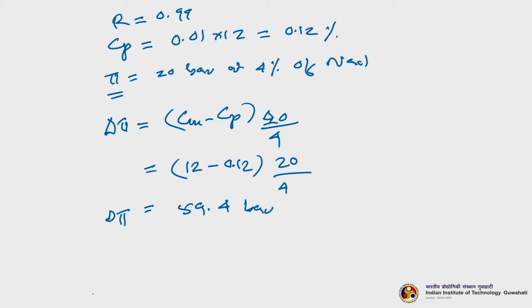Then we have to calculate the water flux. This is the osmotic pressure difference between the feed and the permeate for this particular case of 4% sodium chloride solution. So, now your water flux Jw at 4% NaCl is Lp into (delta P minus delta pi).